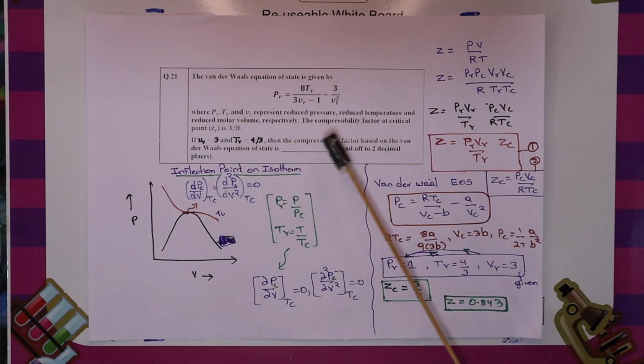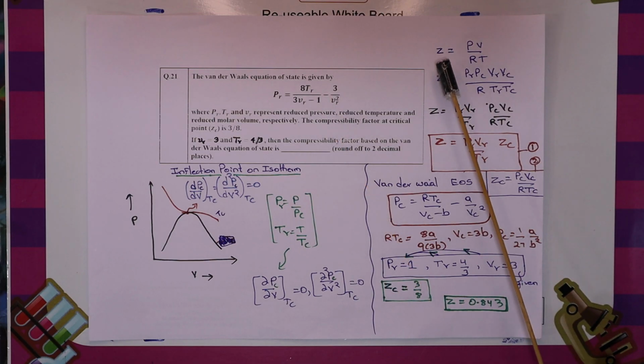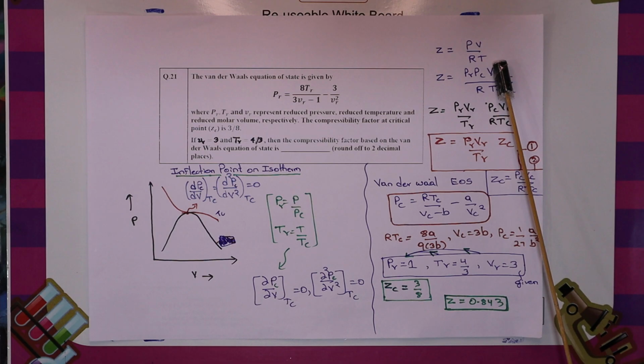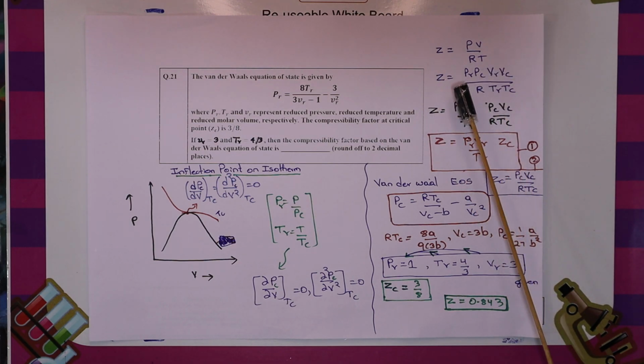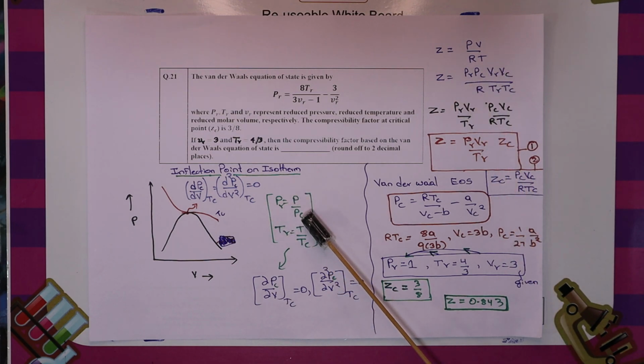We have to find the compressibility factor Z. What is this compressibility factor? It is PV by RT. Let us convert this in terms of critical and reduced quantities. PR equals P by PC, therefore P equals PR into PC.